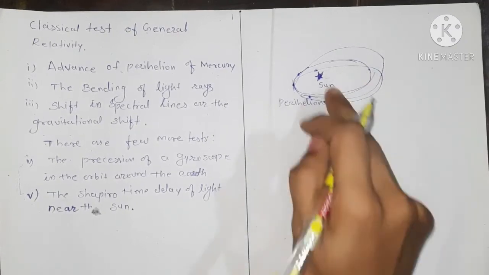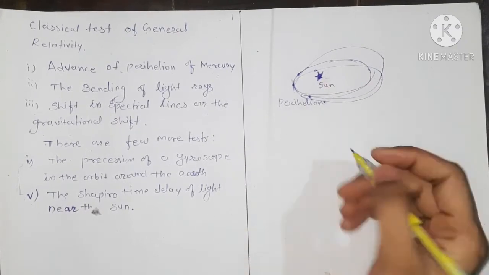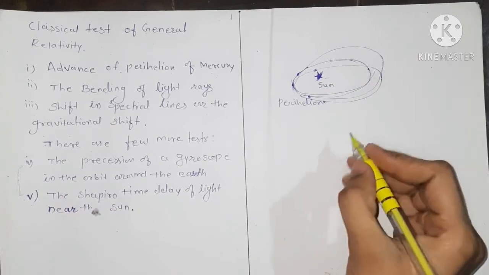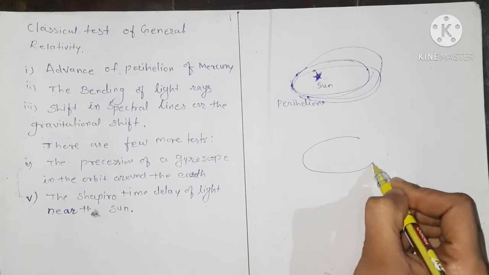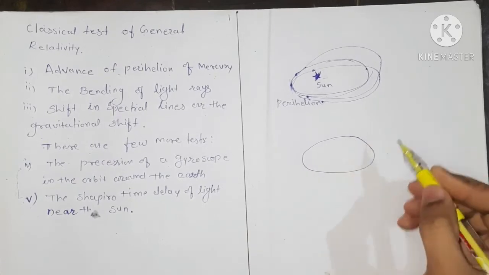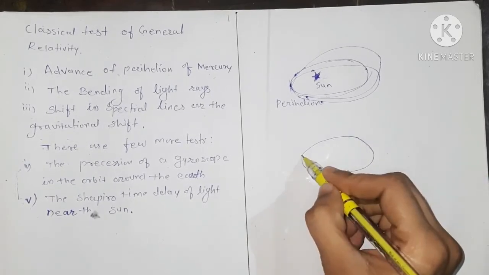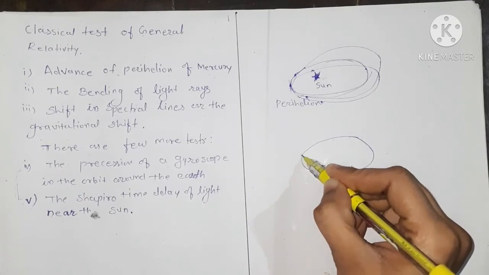So we have another figure which describes how much change there is. So here is another figure, this one, and the elliptical orbit gets slightly shifted.